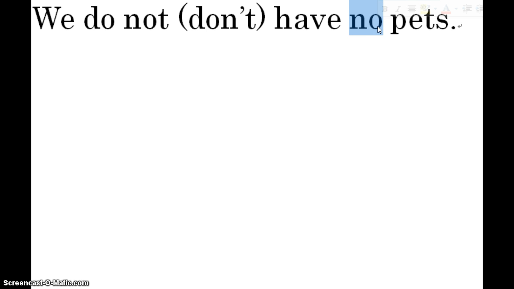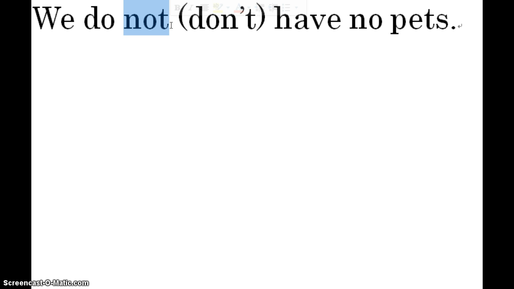It's actually wrong. Because, why? Because the word not is used in the same sentence. And I said right before, the rule for using the word no in a sentence is that the word not cannot be used in the same sentence.